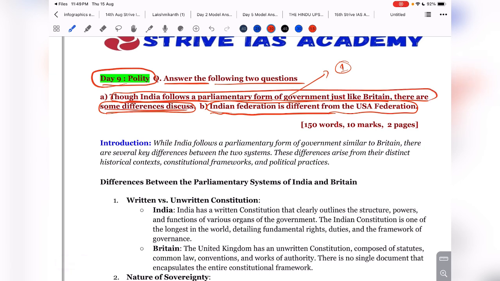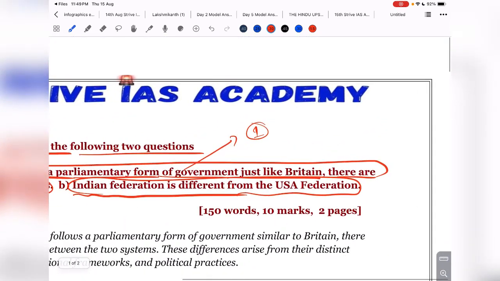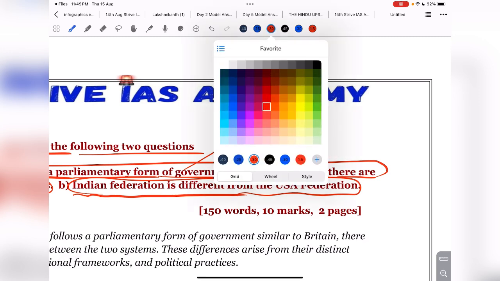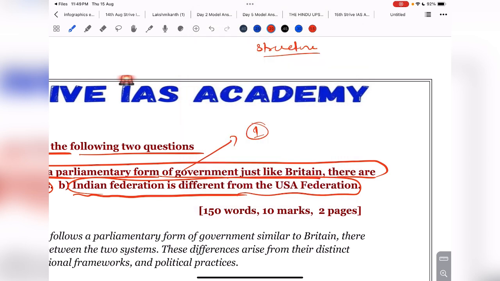So let's discuss the structure of the answer. First you need to write the intro, then the body. In the body you need to write UK versus India: how the UK constitution is different from that of India in case of the parliamentary form of government.